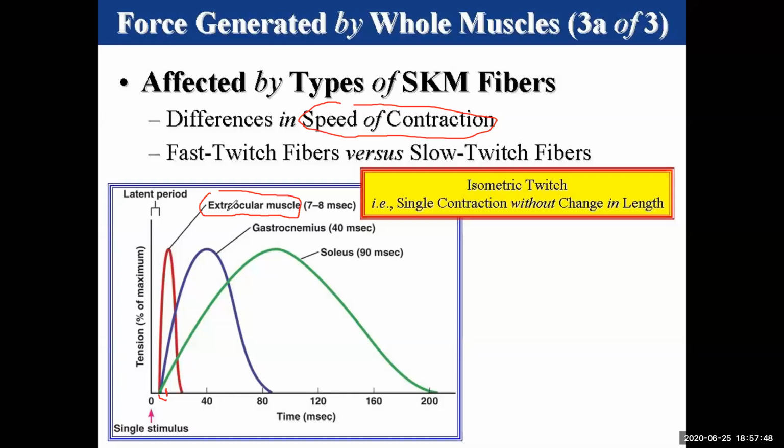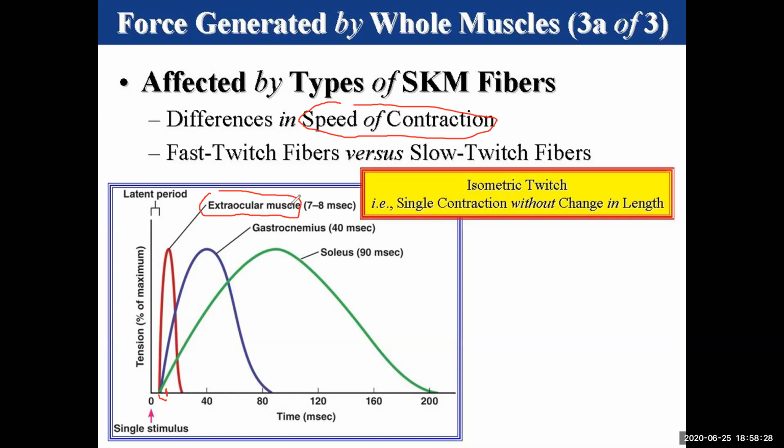They insert into the eyeball and move it. Vision is one of the most important special senses that we have, so they are extremely fast. That's why visual reflexes are also fast. You can move your eye very quickly because of the speed at which these extraocular muscles can contract.